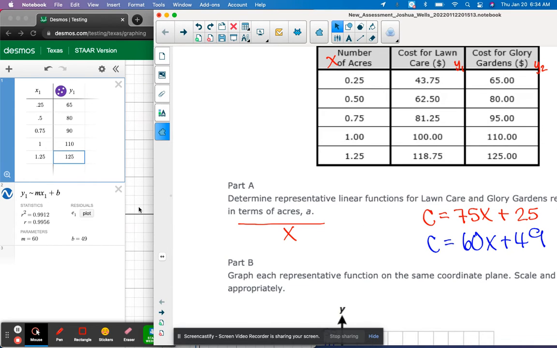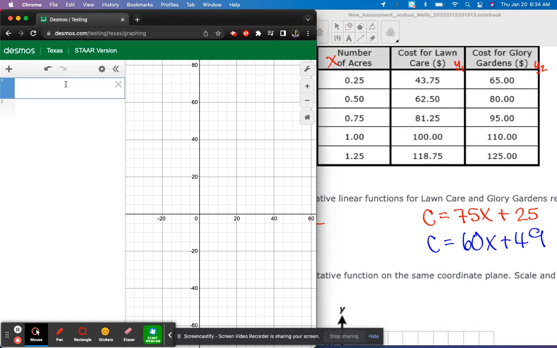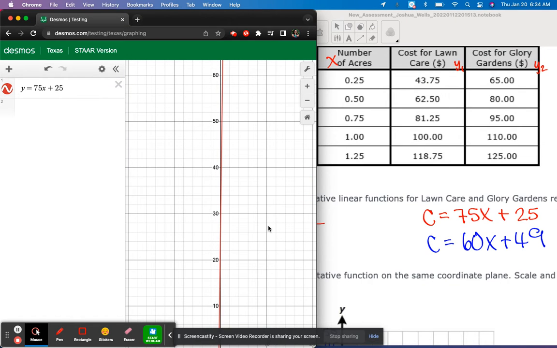Well, sorry guys, we're going to look at the graph. So the first equation that we typed out was, remember we have to convert this back to y and x, so y equals 75x plus 25. So I'm going to zoom in on this graph so I can see the true numbers.